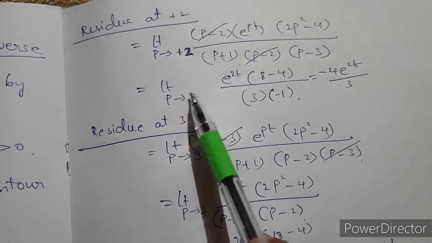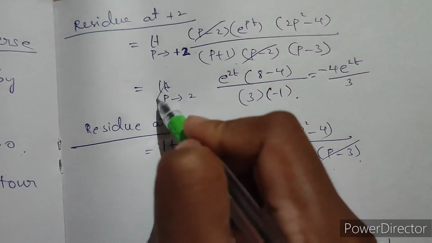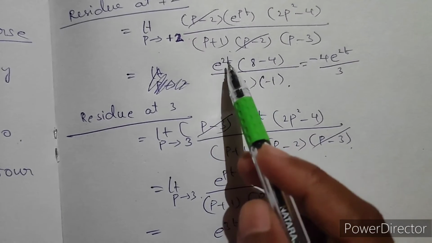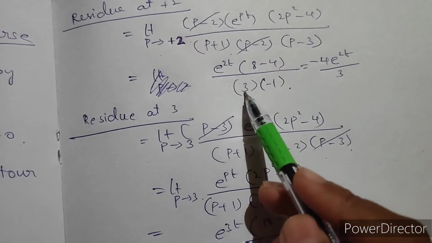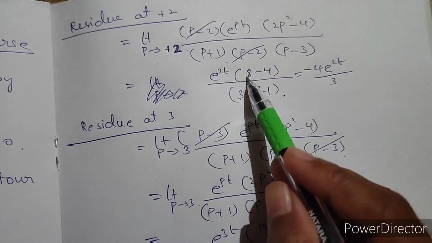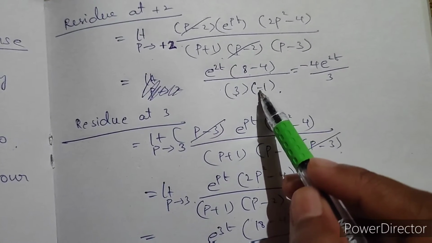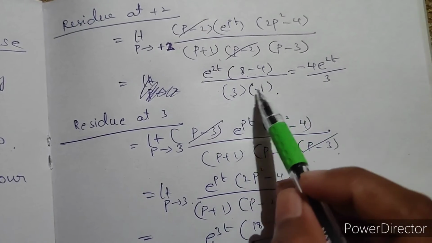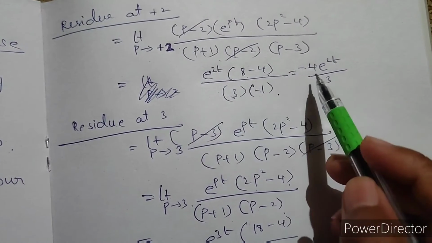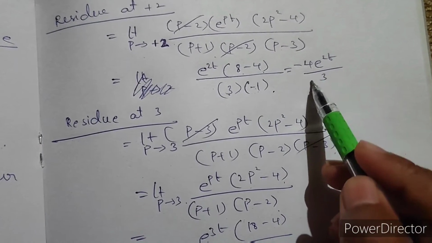Substituting p equals 2, we get e power 2t into 8 minus 4 divided by 3 into minus 1. So 8 minus 4 is 4, and since the denominator has minus 1, we take it to the numerator. So it is minus 4 into e power 2t divided by 3.